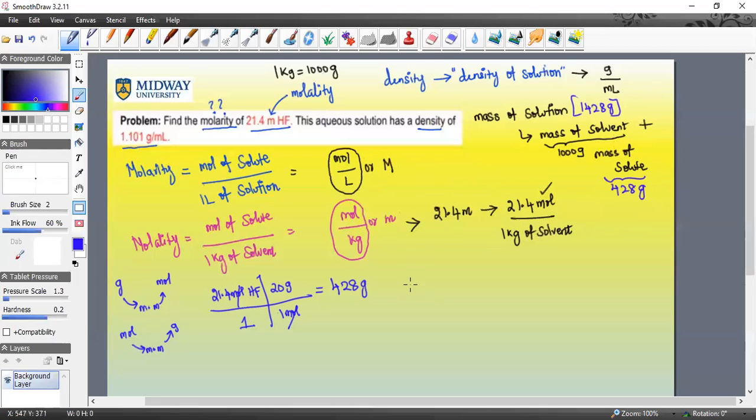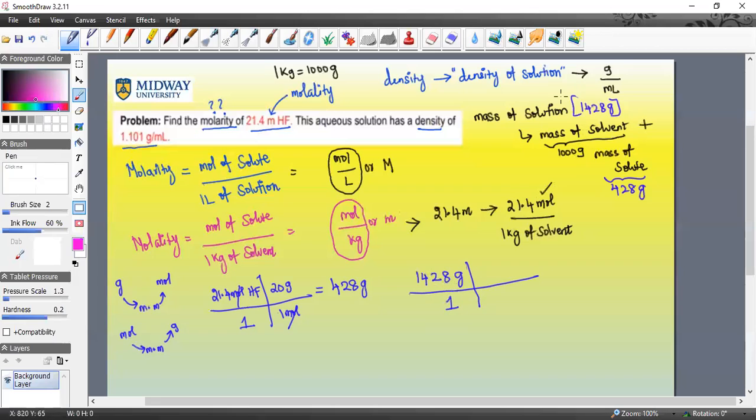So now we know the mass of the solution, right? So let me actually write it and solve it here. We know the mass of the solution is 1,428 grams. That's your given information, and you can put a 1. And let's get a different color.